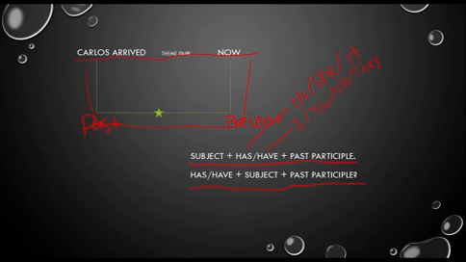And then you write the verb in past participle. And remember, the irregular verbs and the regular verbs are different, okay? For the regular verbs, you add the ed at the end of the verb, but in the irregular verbs, you change that word, okay?